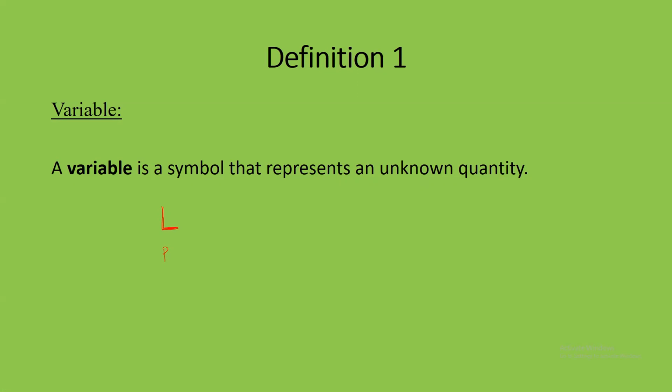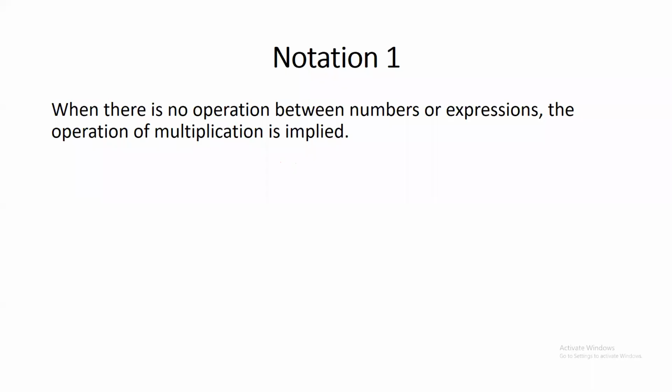Now, before we get to this, the solving equations, the simplifying expressions, which is what most of this course will be about, I wanted to just say a few things about the notation that we use when we write variable expressions. And the first thing is we do not write a multiplication sign when we're using variables in algebra.